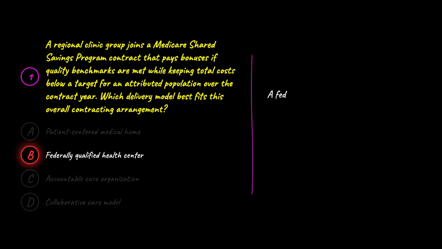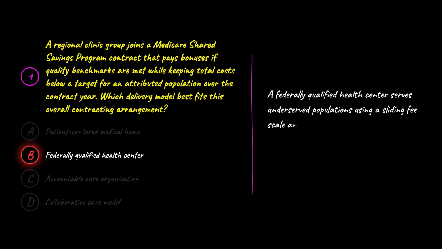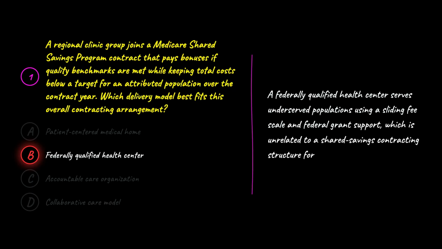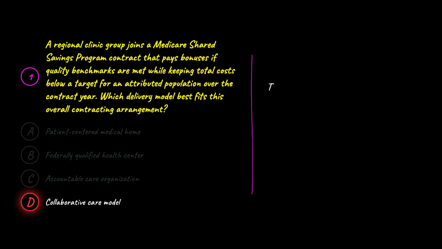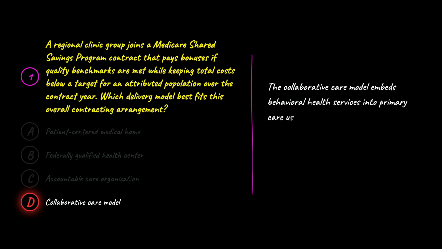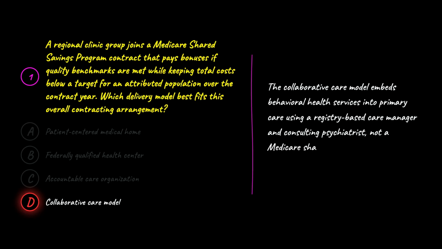B is wrong because a federally qualified health center serves underserved populations using a sliding fee scale and federal grant support, which is unrelated to a shared savings contracting structure for cost and quality. D is wrong because the collaborative care model embeds behavioral health services into primary care using a registry-based care manager and consulting psychiatrist, not a Medicare shared savings cost and quality contracting structure.